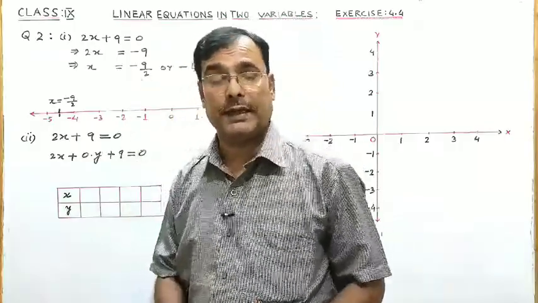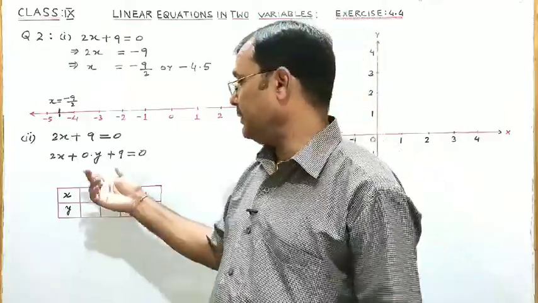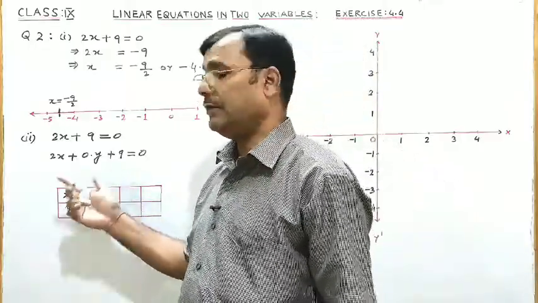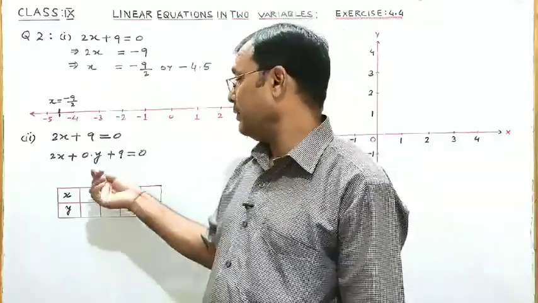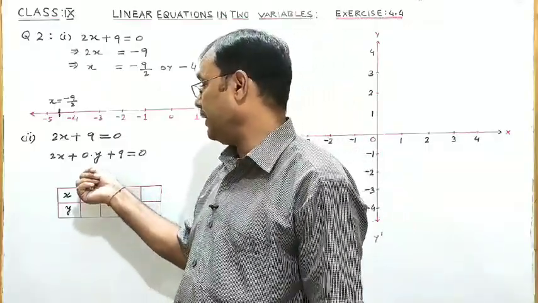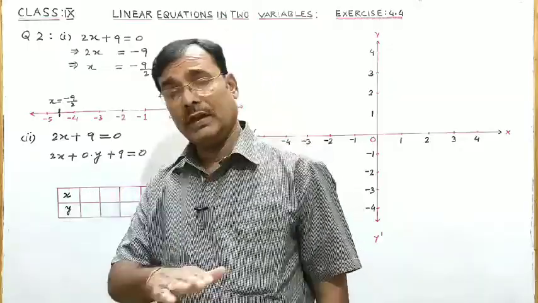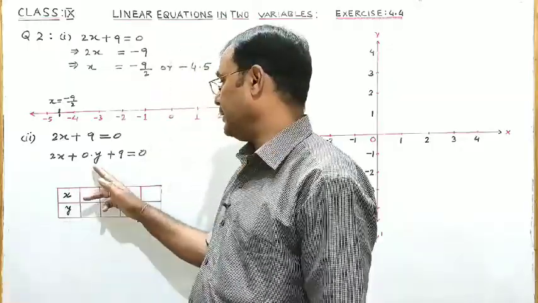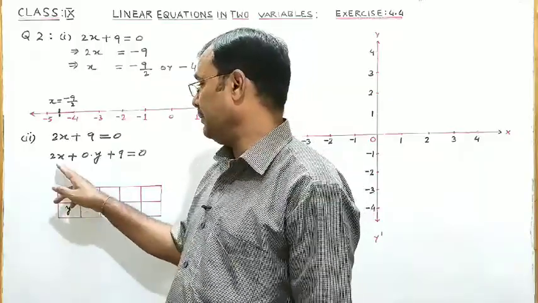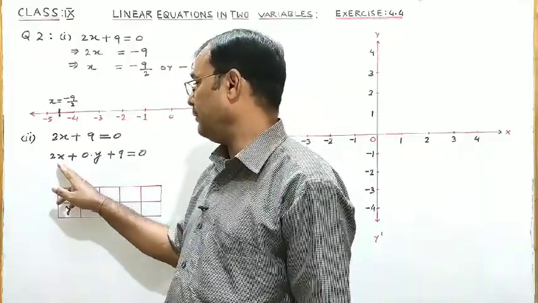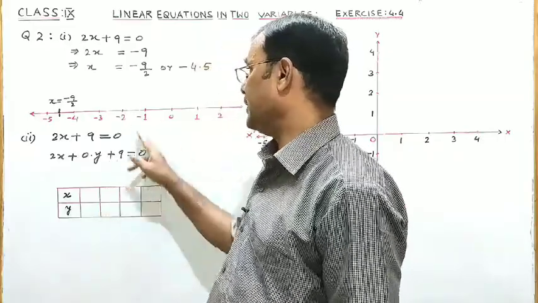So the value of x in every solution of this linear equation will always be minus 9 by 2, and the values of variable y will vary. y can take any real value, but every time, the value of x will be minus 9 by 2.